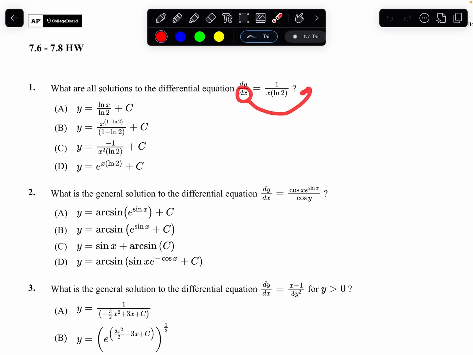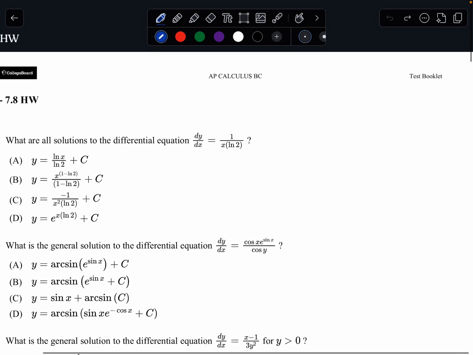The dx should come over here, but 1 over the natural log of 2 is just a constant, and 1 over x is the function. Since there are no variables of y over here, I don't think I need to do much else. The only thing is to multiply both sides by dx. So dy will equal 1 over the natural log of 2.